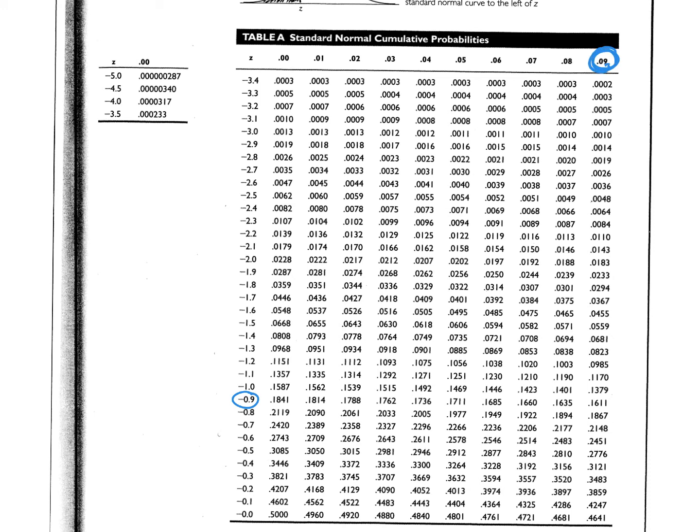So if I take a 9 in my hundredths spot, I get negative 0.9 plus a negative 0.09, and that gives me negative 0.99. So I follow the row where negative 0.9 is all the way over to the column where the 9 in the hundredths place is.